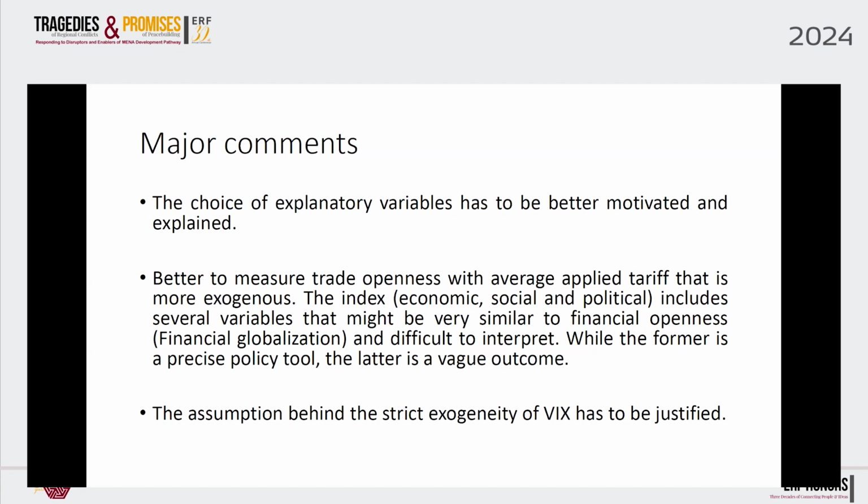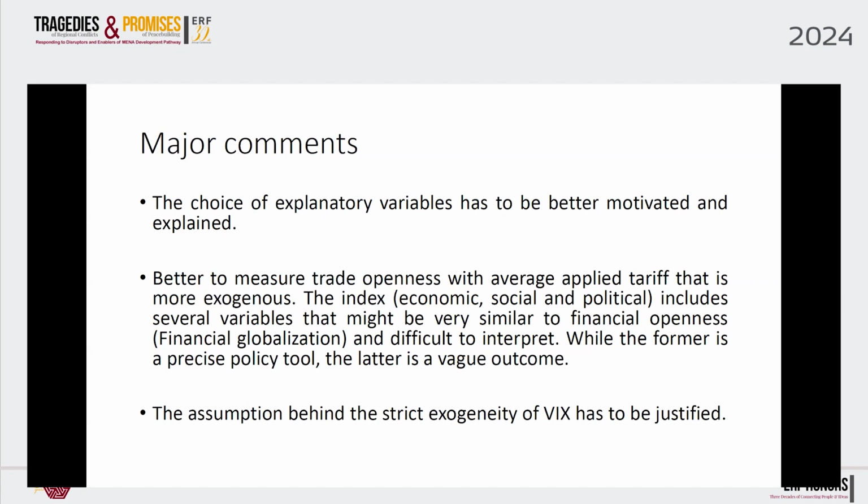I am calculating the international financial integration by summing the gross stocks of assets and liabilities. I am not using the KOF de facto or de jure financial globalization index, which has economic, social, and political perspectives. Yes, but I'm talking about the trade openness variable, because in one of the specifications you are using the KOF de facto. Yes, trade, exactly, the Globalization Index. Yes, so that's what I mean for the trade openness.